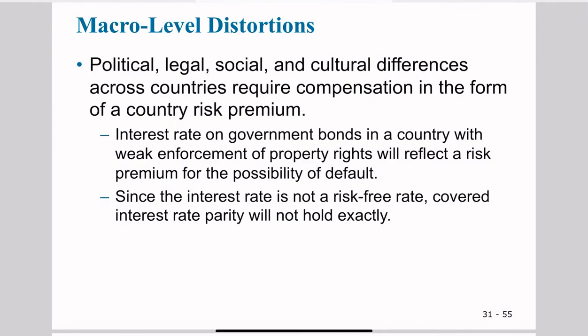If a country has larger distortions, then generally investors, they will require higher compensation, and there will be country-specific risk premium. So what this means is the interest rate on government bond in a country with distortions will reflect a risk premium for the possibility of default.